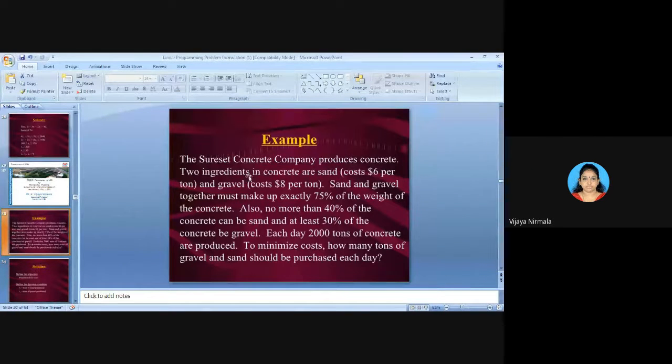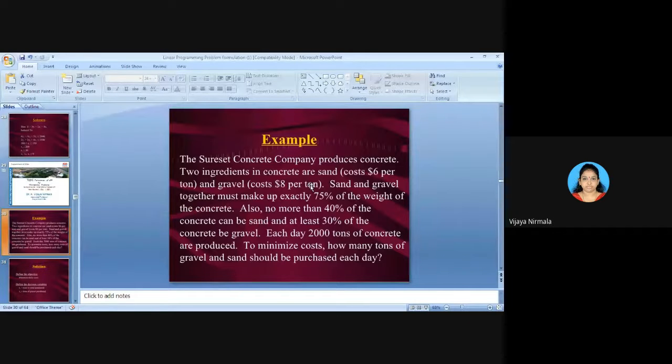And they have also given the cost. The cost of sand is 6 rupees per ton, and the cost of gravel is 8 rupees per ton. Already they have given the costs.